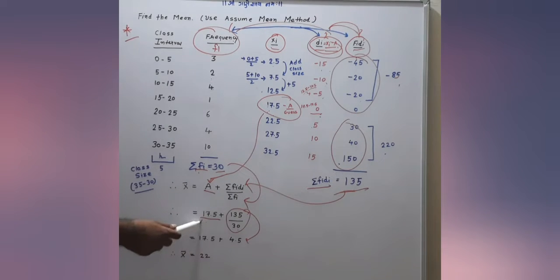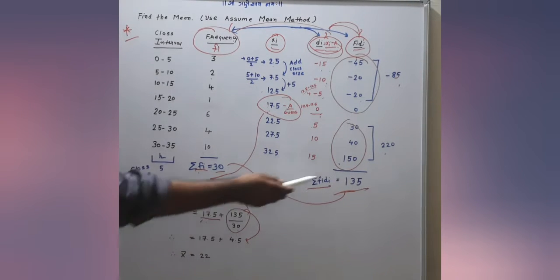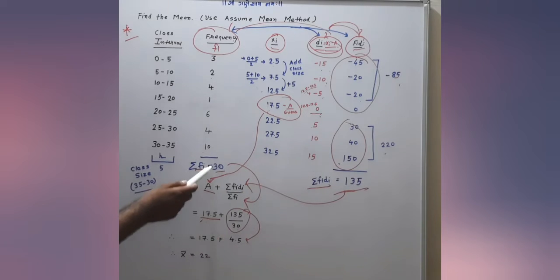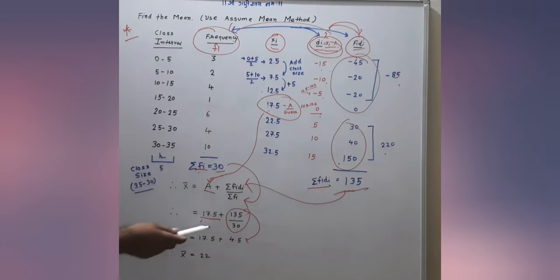Dividing 135 by 30, I got 4.5, plus 17.5. So I got x bar equal to 22.